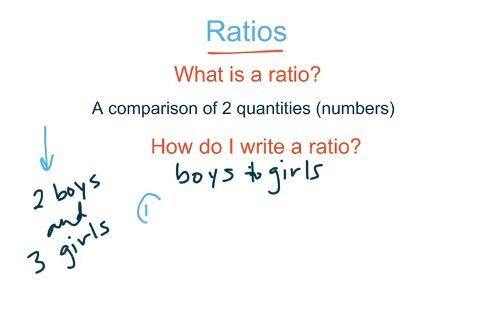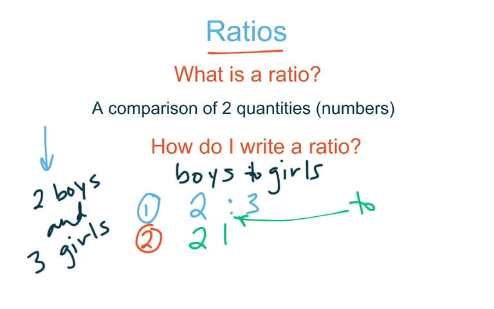One way that we can write a ratio is using a colon. So if we're looking at boys to girls, we could say 2 colon 3. This colon right here means the word "to", so we would still say 2 to 3. A second way that we can write ratios is by using the word "to".